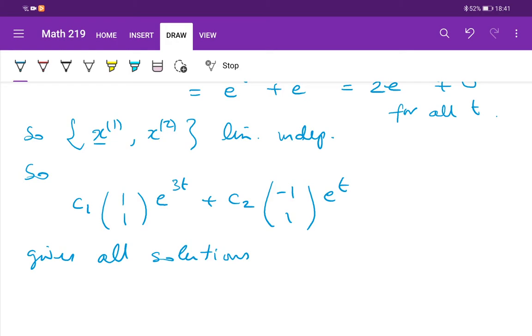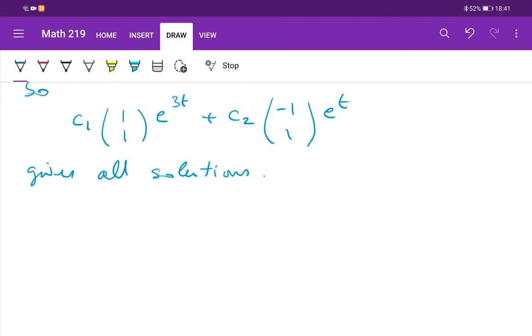So when you put C2 equals 0, C1 equals 1, it gives you x1. And if you put C1 equals 0, C2 equals 1, it gives you x2. And by letting C1 and C2 vary, you get every single solution like this.